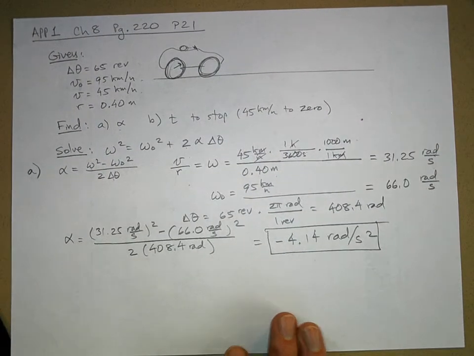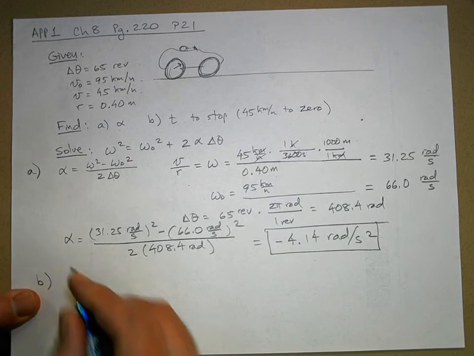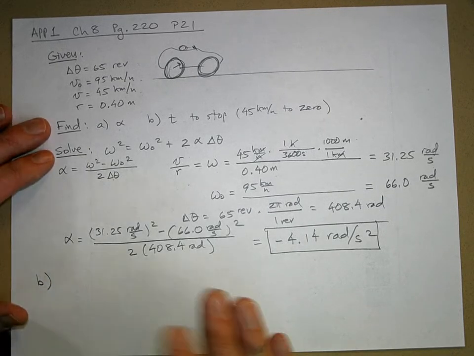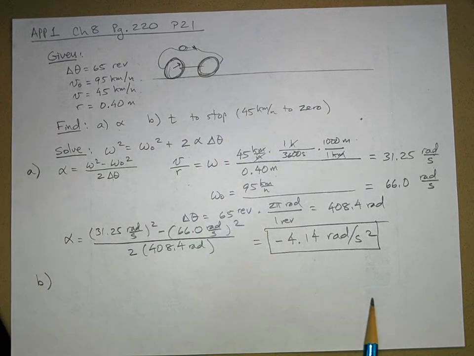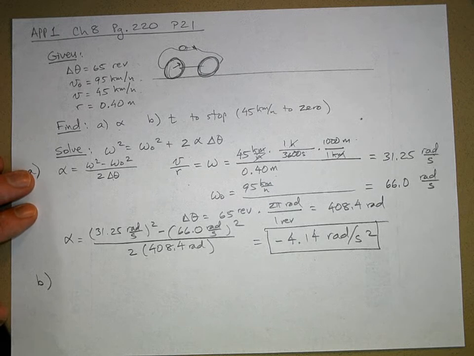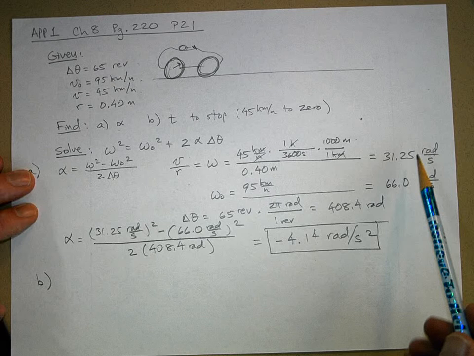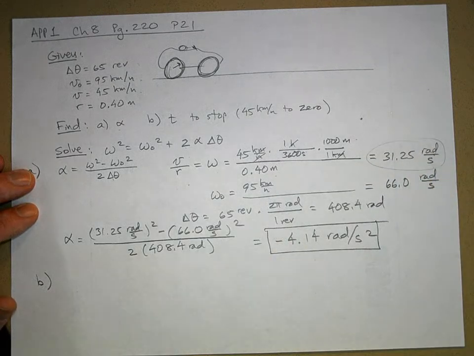Okay, now part B. Well, I want to know the time to stop. Now I can use linear velocities if I want to, or I can use angular. Actually, I'll just use angular velocity because I know what alpha is.